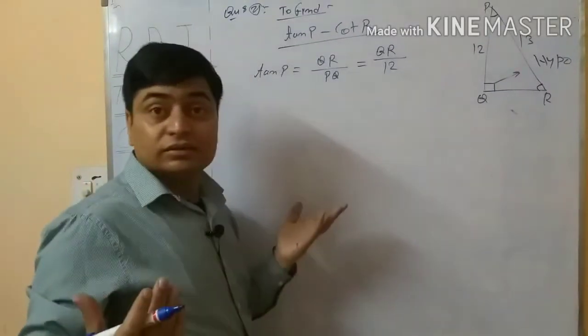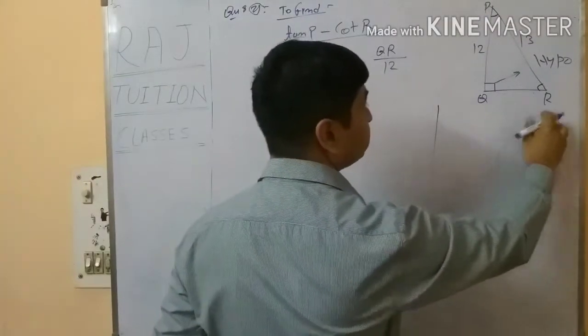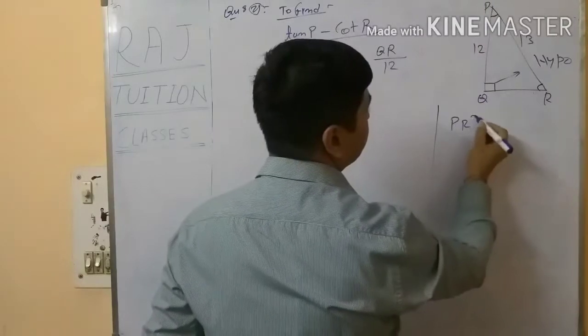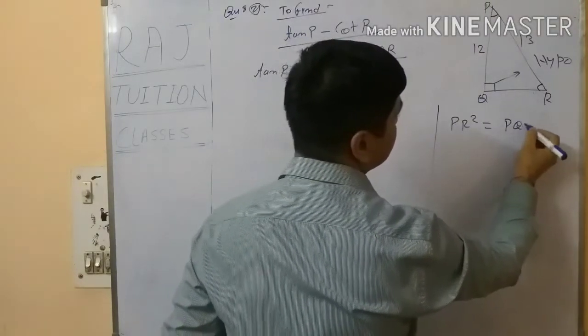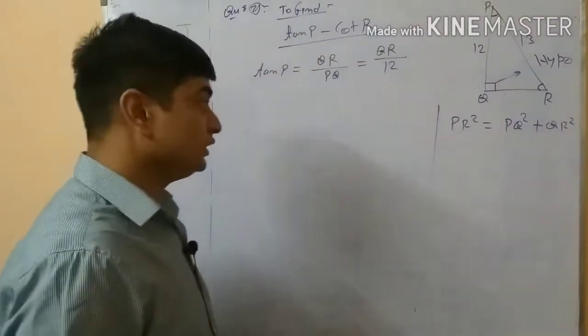So what is the method? It's a pretty old method, the Pythagoras theorem. Square of the hypotenuse is equal to the sum of squares of the other two sides.